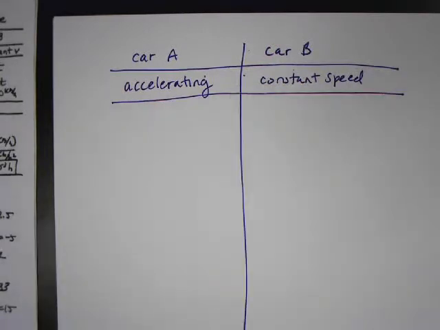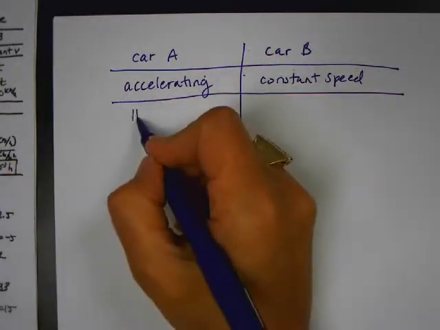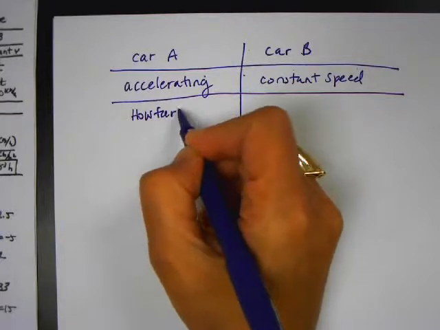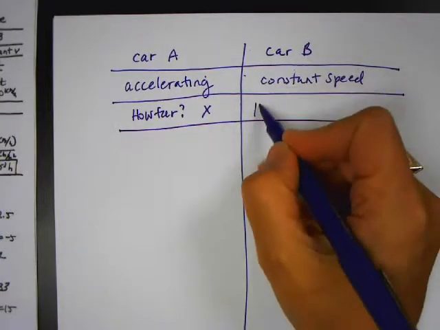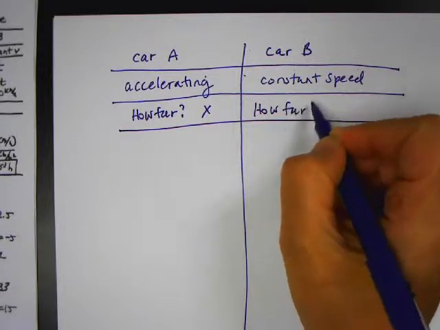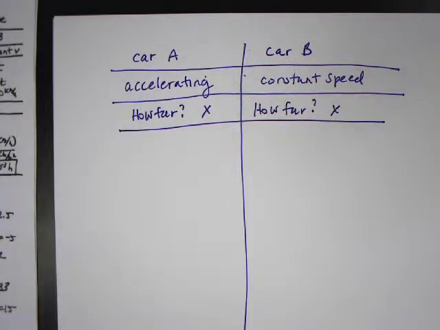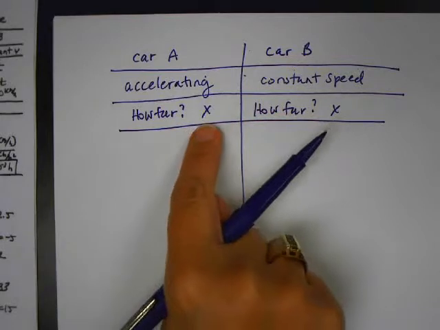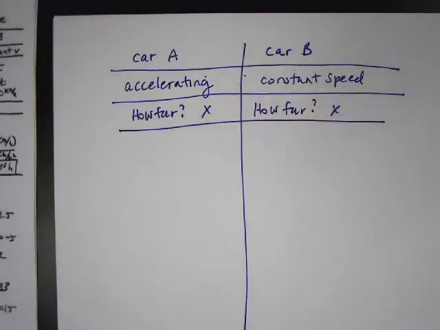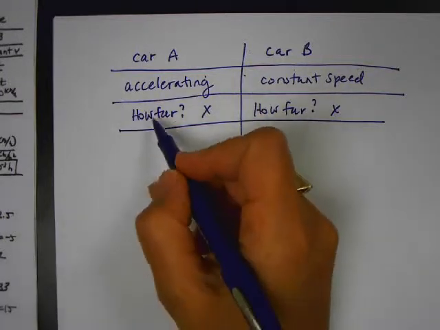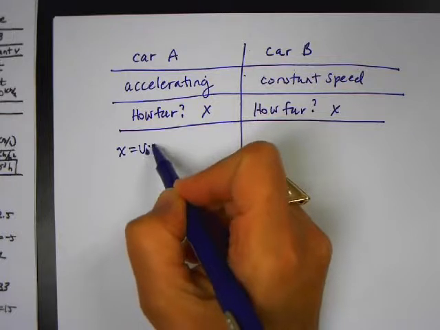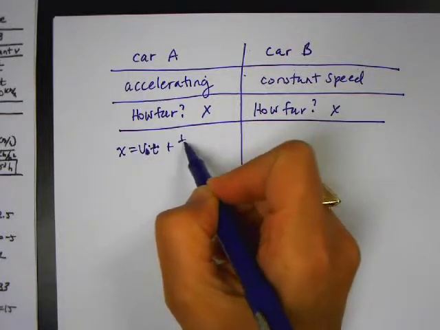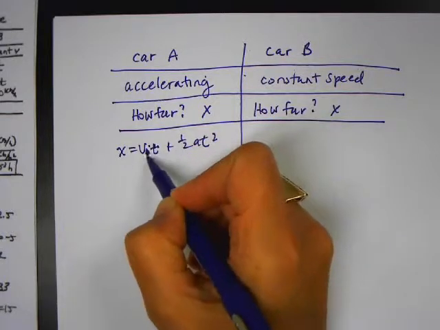Now, we want to know how far it went. So how far, we want to find x. And we also want to find here how far, and we also want to find x. So basically, we want to know when is this x going to be equal to this x. So first, let's look at the motion, and we know that for something accelerating, x is equal to v_i t plus 1/2 a t squared.